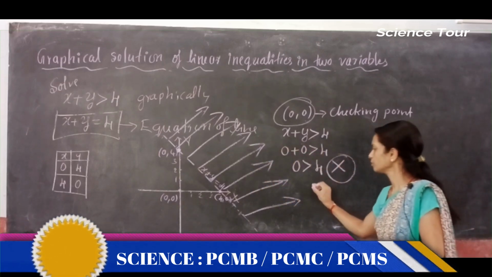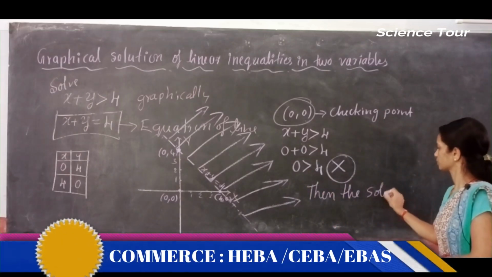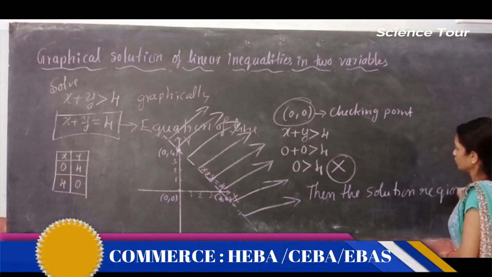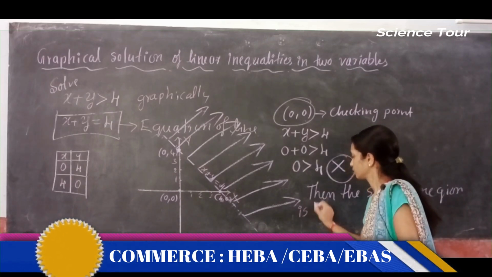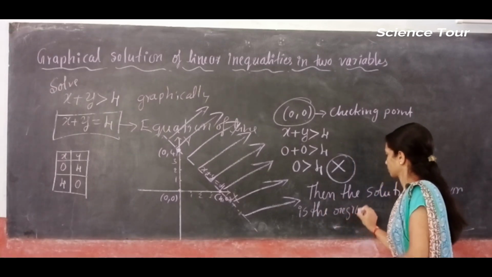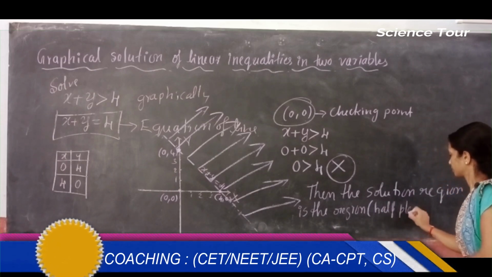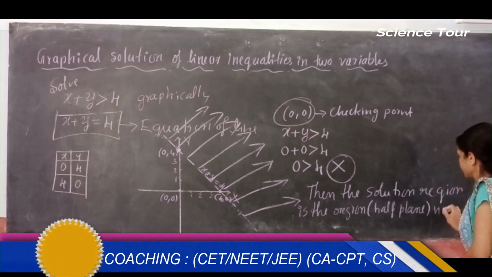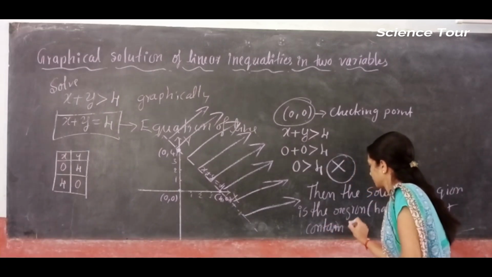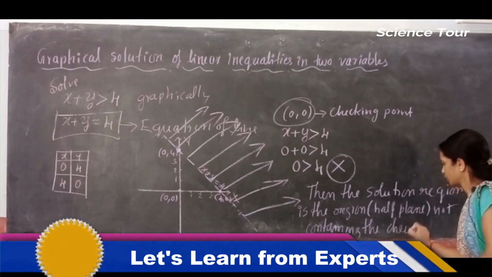So then the solution region is the region or half plane not containing the checking point.